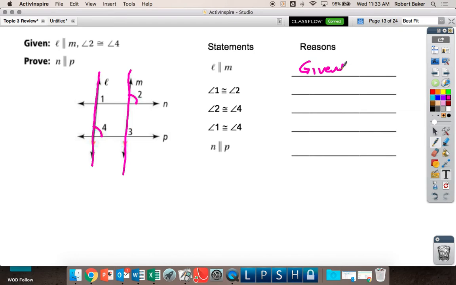Why is 1 congruent to 2? Corresponding. Are they corresponding across parallel lines? Yes, they are. So that is a true statement, corresponding. 2 is congruent to 4. Given in the problem.